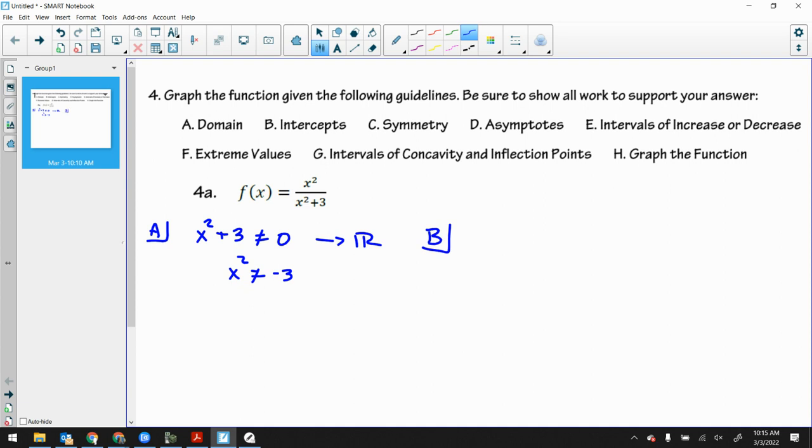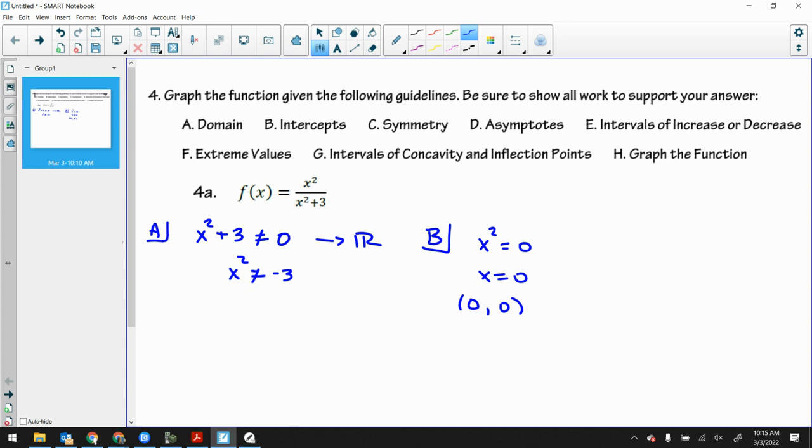For part B there, I'm going to look at my intercepts, both x and y intercepts. For my x-intercept, I'm going to look at where the numerator equals 0. x squared equals 0, so x is equal to 0 is where it crosses the x-axis. That's the x-intercept, so (0, 0). And then the y-intercept, I'm just going to plug in 0 for x.